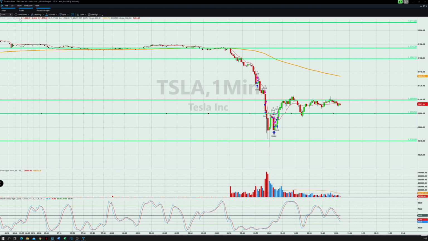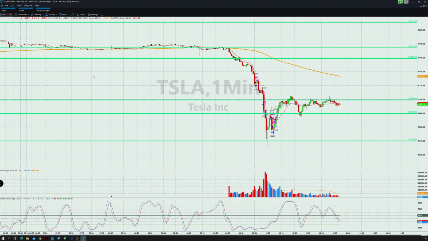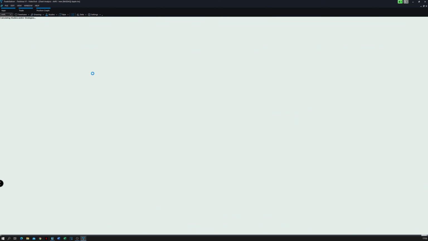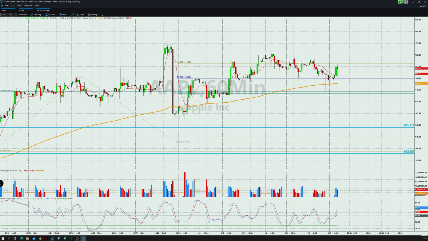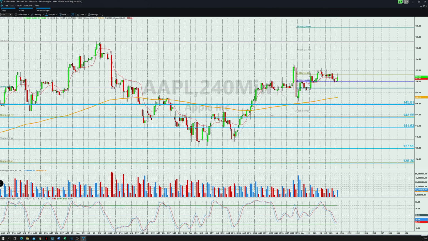So this was Tesla. Let's go to Apple. And let's go again to the minute chart, I think it was. No, my prediction was on the 4-hour chart. So again, it didn't break and close above the 151. So I told you it will move down, and now it's trying to break.